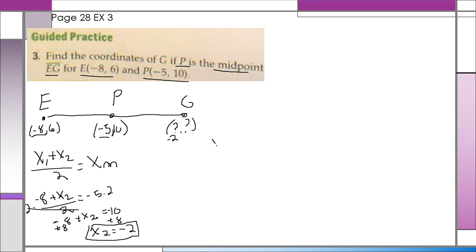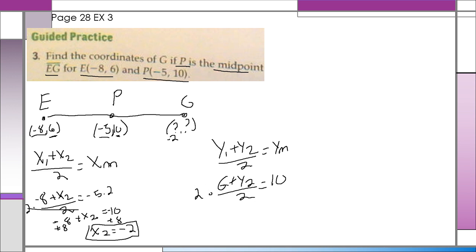And then for the y's, again, same deal. y1 plus y2 over 2 is equal to ym. So, again, plug in 6 for y. So 6 plus y2 over 2 is equal to my middle y, which is 10.